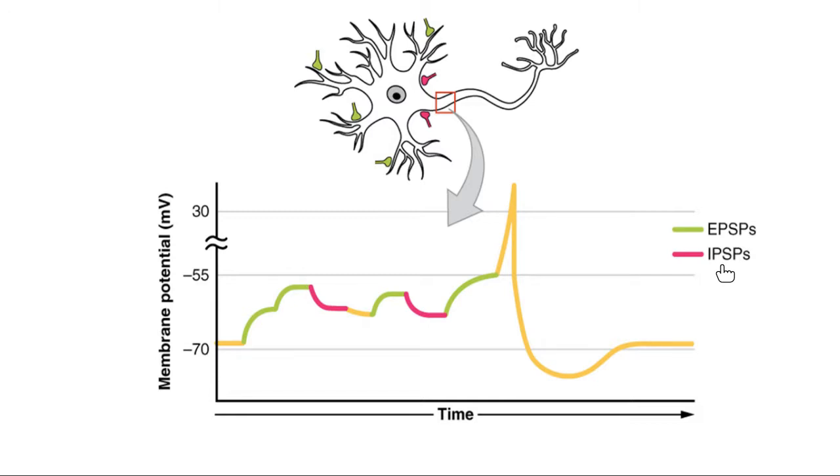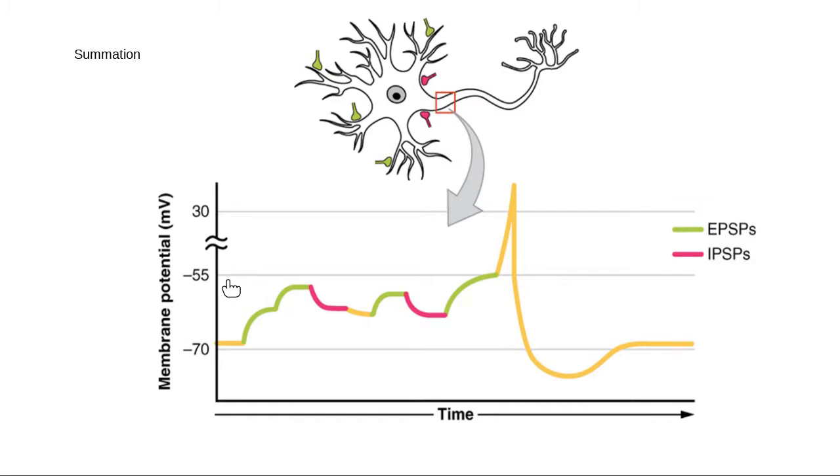This process of listening to a whole bunch of different messages is a process that we call summation. Summation is basically adding together all the different kinds of messages that we receive to decide if we should be talking to our neighbors.